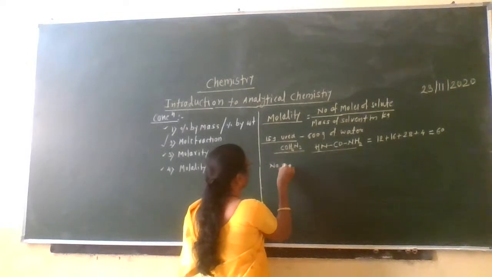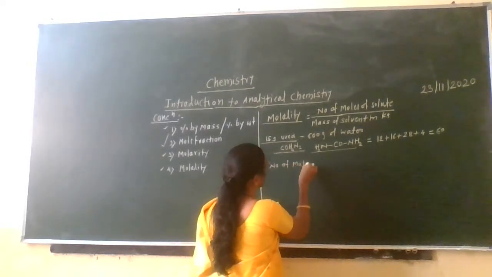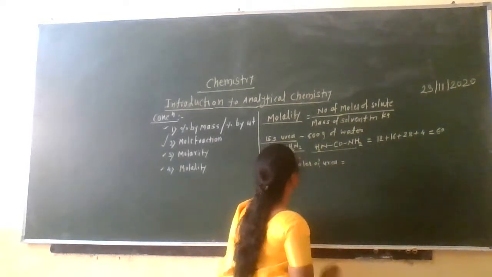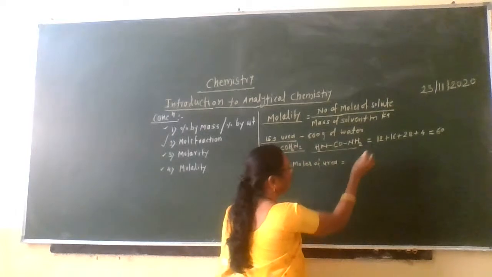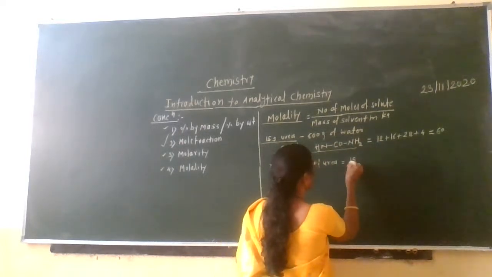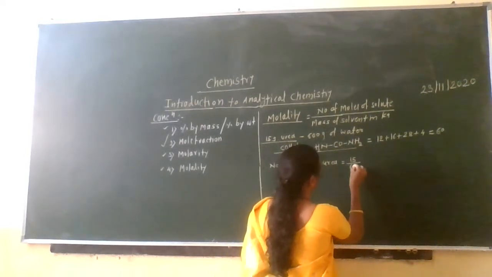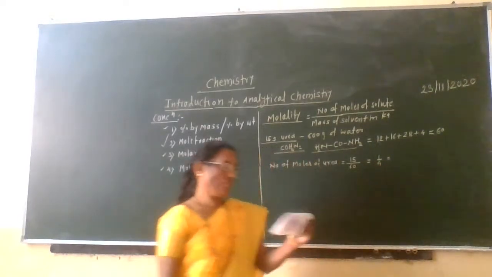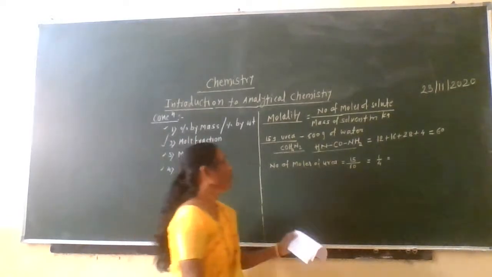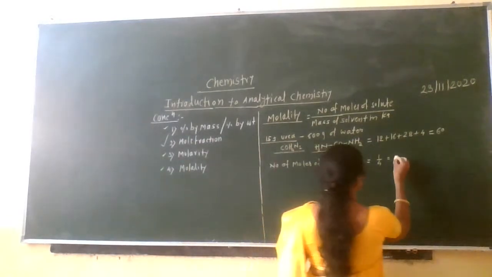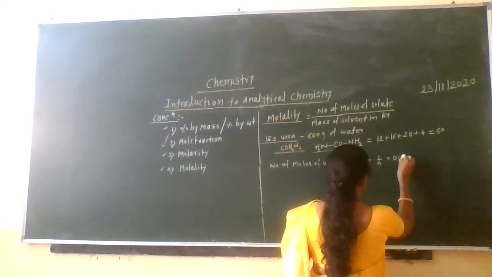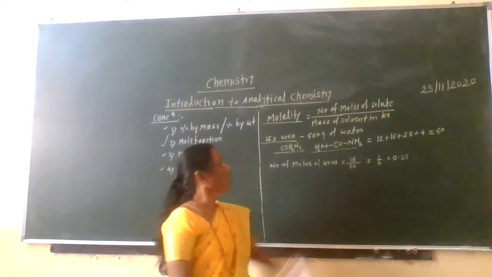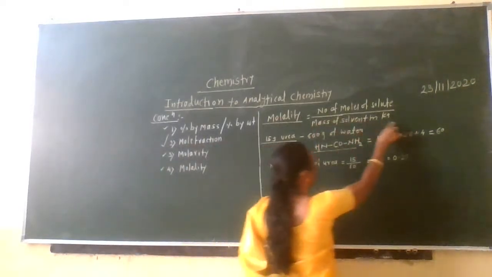From this molar mass we can calculate the number of moles of the solute, that is urea. Number of moles of urea is equal to mass of urea divided by molar mass. Mass of urea is given as 15 and molar mass we have calculated as 60, and 15 divided by 60 is 1/4, which is nothing but 0.25. 0.25 is the number of moles of urea, and we need the mass of the solvent in kilogram.